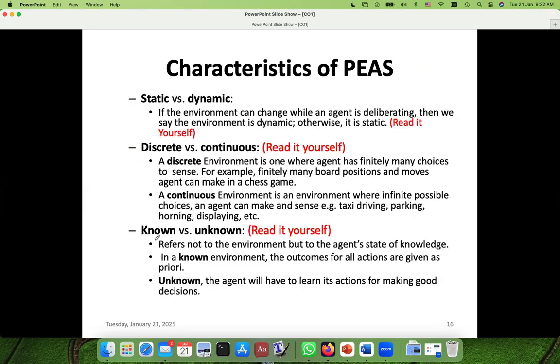Now, an environment can be static or dynamic. If the states in the environment are changing while your agent is working in it, that is dynamic. If your environment is not changing, it is as it is, then it is static.